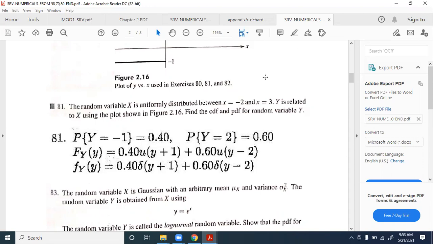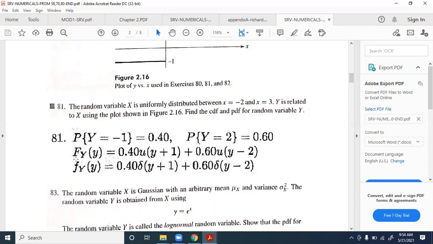When you write the graph, this cannot be 0.4 and 0.6, because as we write the line from -2 to 3, the value at -1 will be 0.2 and the value at 2 will be 0.8. So equivalently we write 0.2 u(y+1) plus 0.8 u(y-2) as the value here.